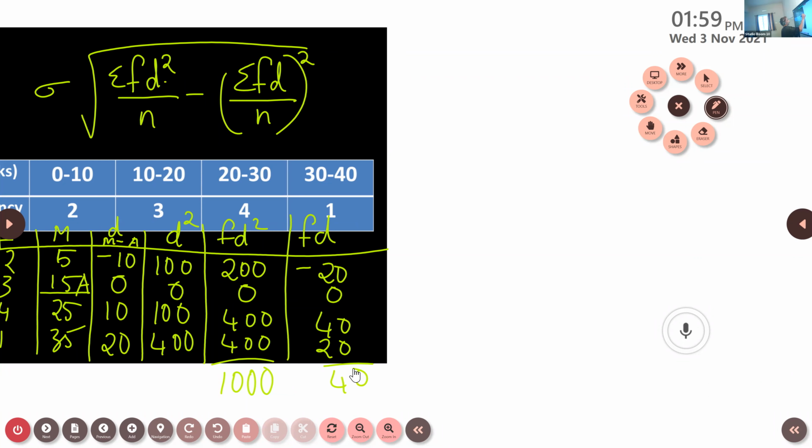Okay, now we are applying sigma is equal to the square root of sigma FD square, 1000, divided by N. N is what? 10, right? Minus 40 by 10 whole square.